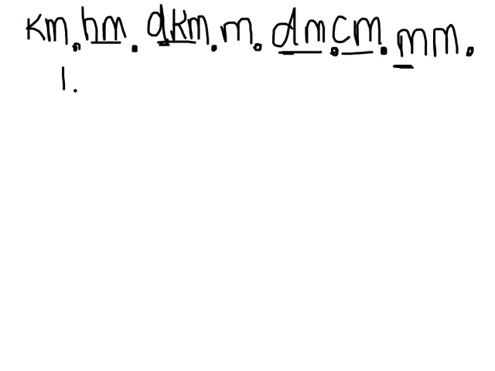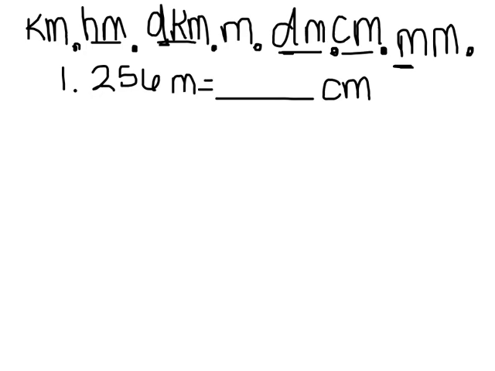Number 1 says I have 256 meters, and I want to know how many centimeters that is. So the very first step, step 1, is to write what you know with the decimal point. It's a whole number, and it doesn't give us the decimal place at the end, so it's assumed that's where it's at. Next I'm going to look at my scale up at the top, and I know that I'm going from meters, which is right here, to centimeters, which is right here.